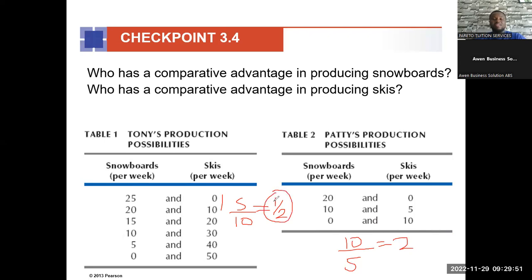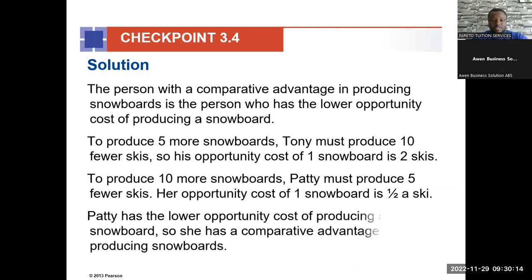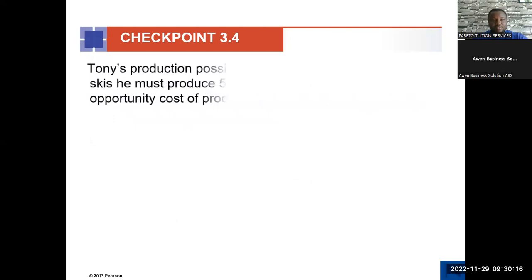So he will have the comparative advantage. So that's what we have now. Party has a comparative advantage in producing snowballs. And then Tony too has a comparative advantage in producing what? Skies. Are we together? Yes. All right. Okay, so this is what we did.